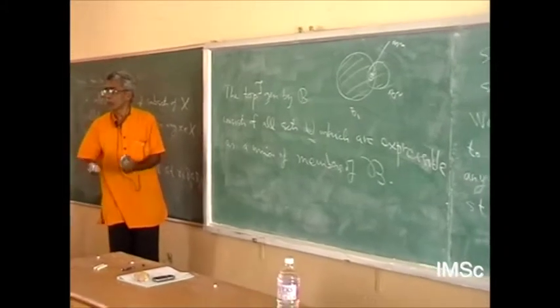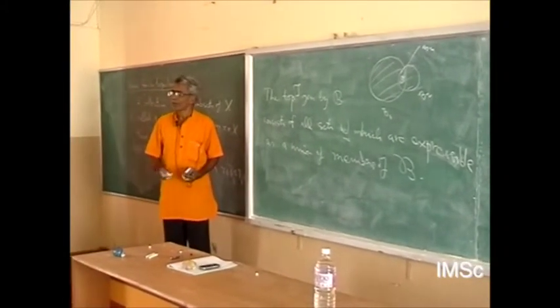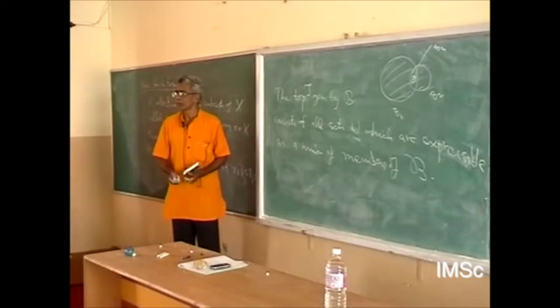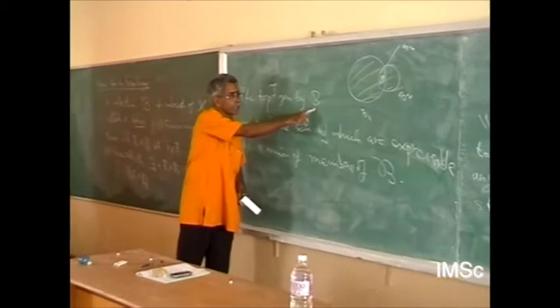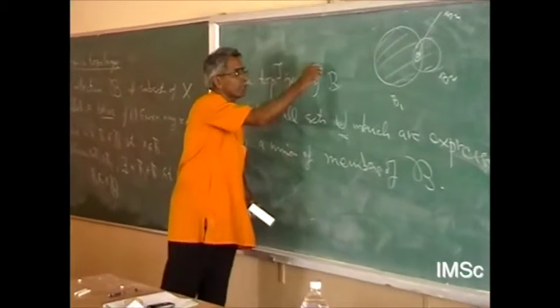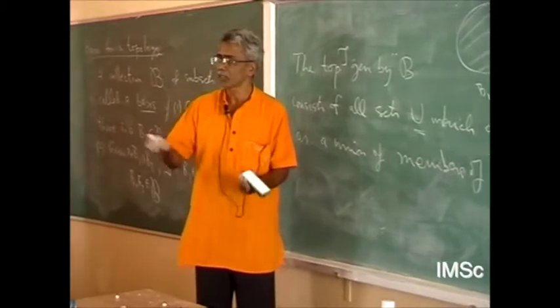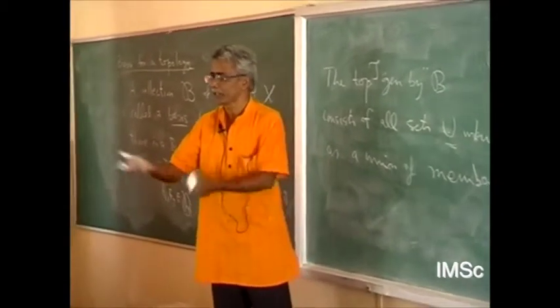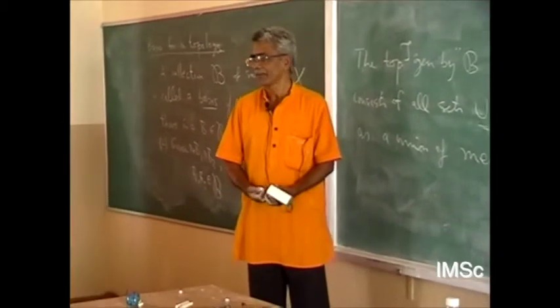So what is a topology? It should be a collection of subsets. What type of sets do you put in here? It is to be generated by B. It's like, I just give you some subset of a linear space which spans it.